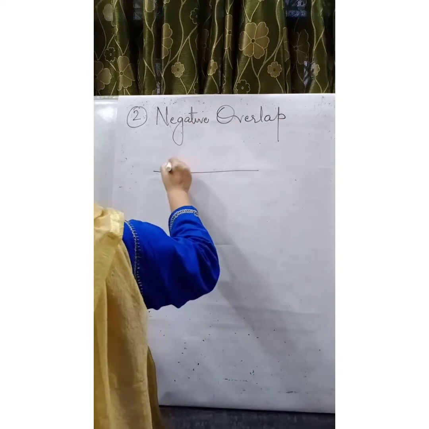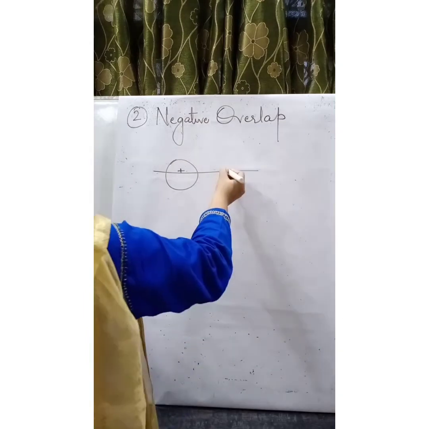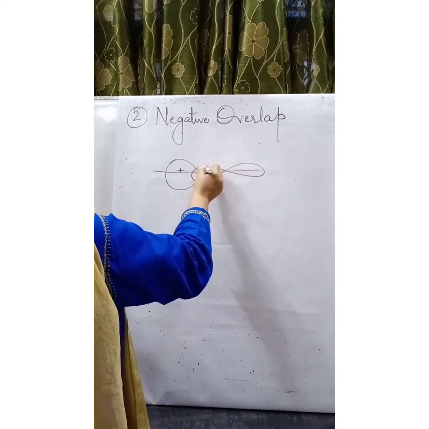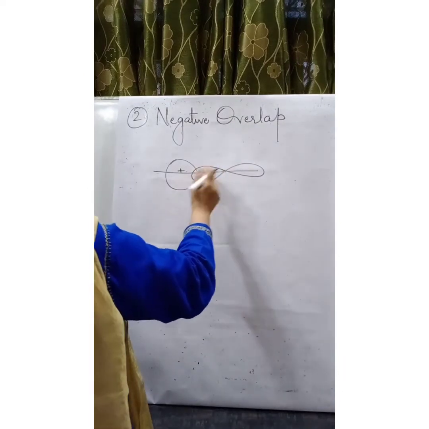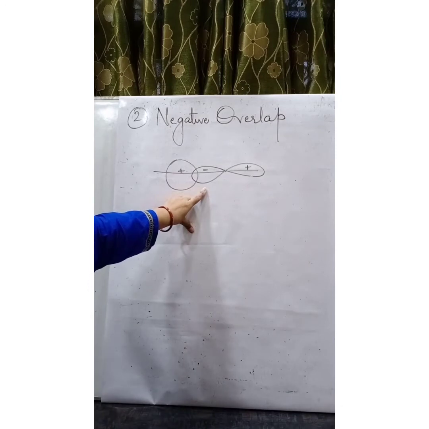For example, the s orbital, which has maximum electron density, overlaps with the negative lobe of the p orbital, then this type of overlap is known as negative overlap.